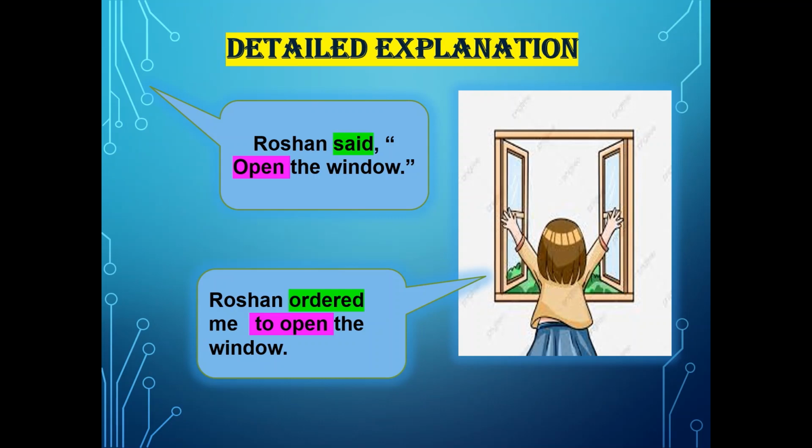The reporting verb said changes into ordered, then the reported verb open changes into to open, to plus infinitive. To plus infinitive means to plus first form of the verb, V1. So to open. So the answer will be Roshan ordered me to open the window.